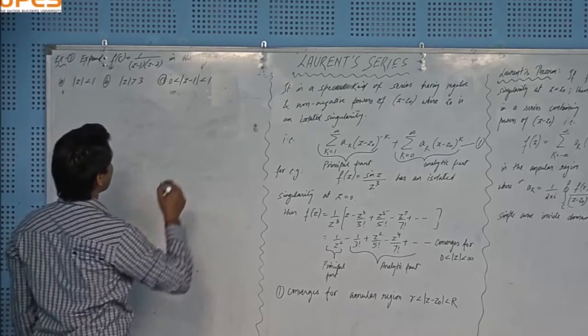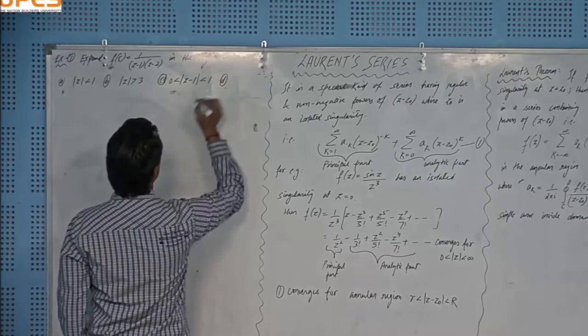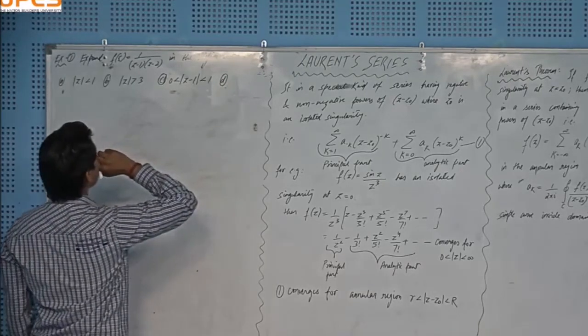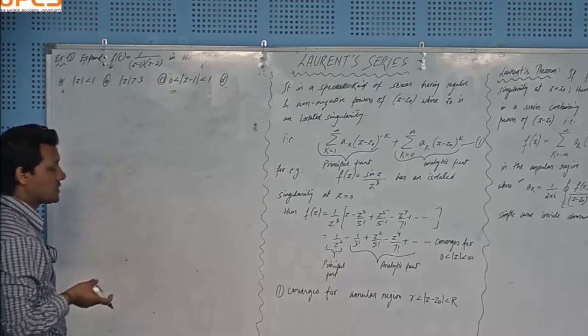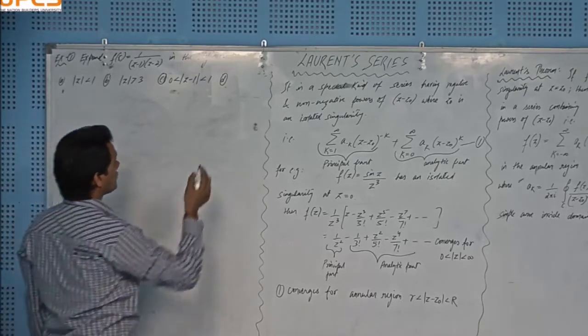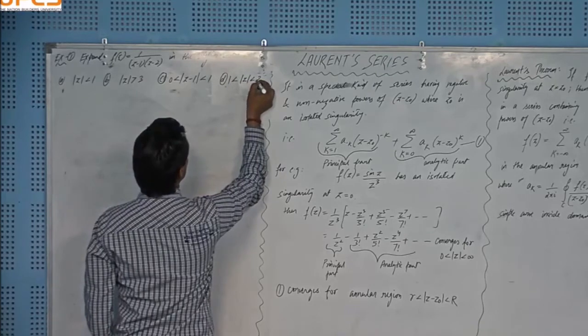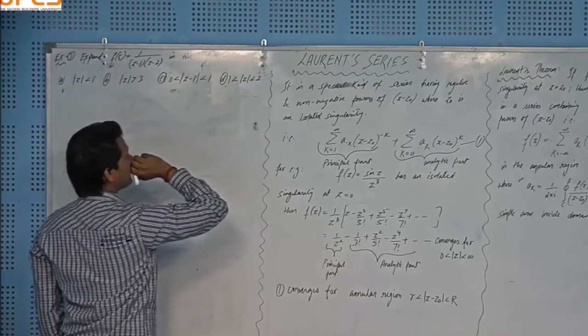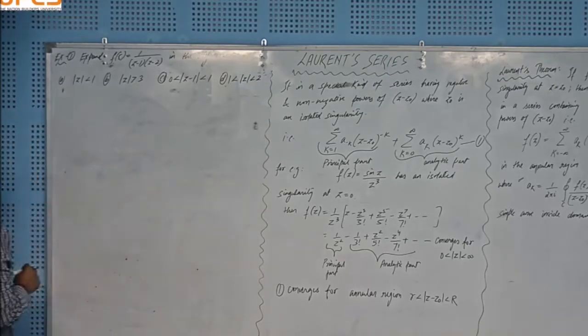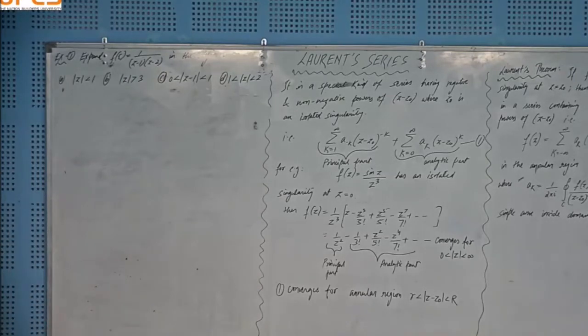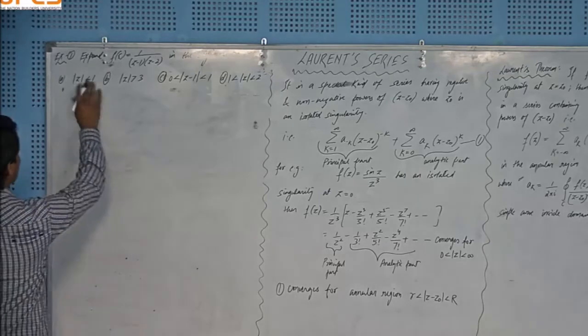Fourth part is also possible, part d. If I take 0 as center, then 1 less than mod z less than 2. So these are the 4 possible domains of convergence of this function, and let me start with the first one.